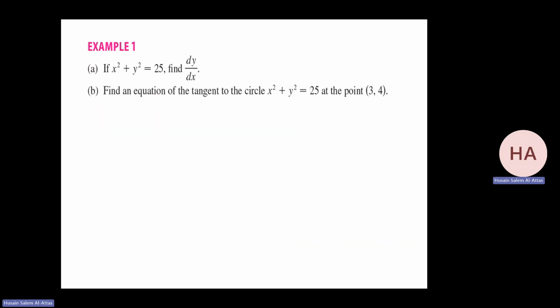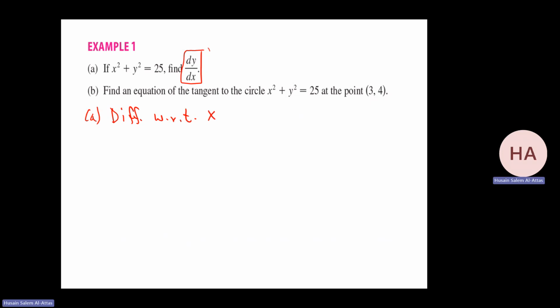I have x squared plus y squared equals 25. I want to find dy by dx. By the way, you can write y equals, but it will be plus or minus and will need some calculation. Now, my first step: differentiate with respect to x.